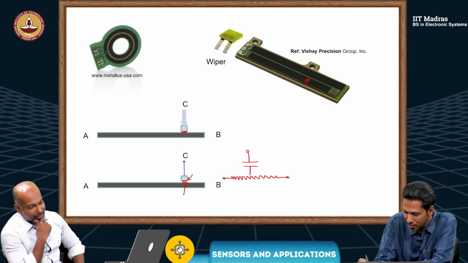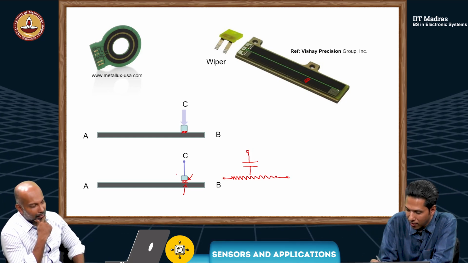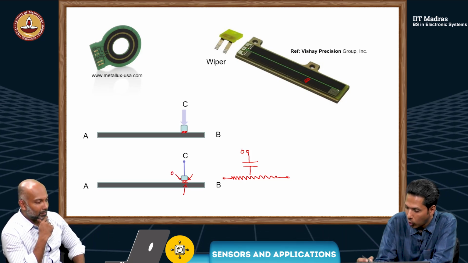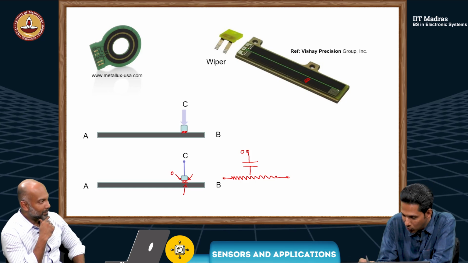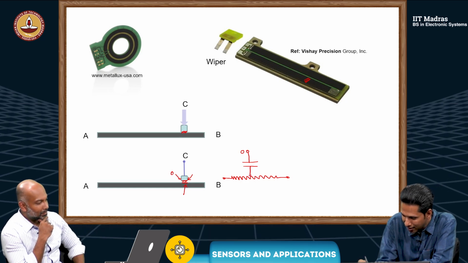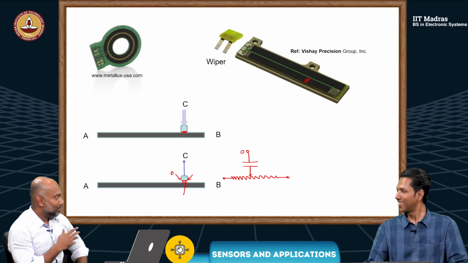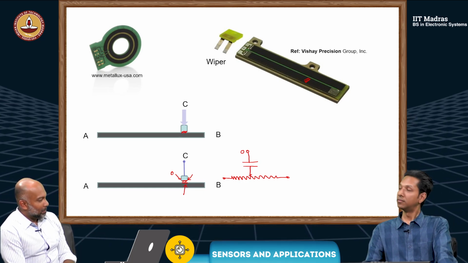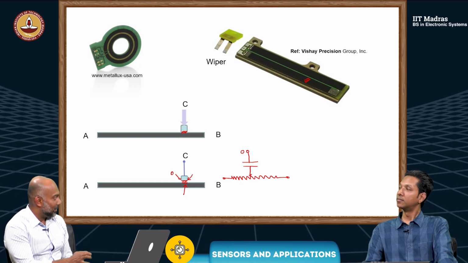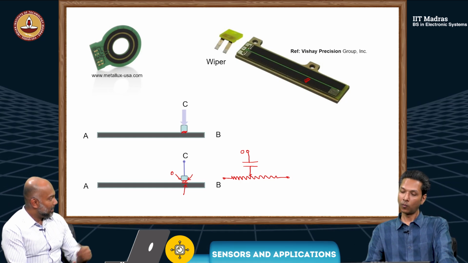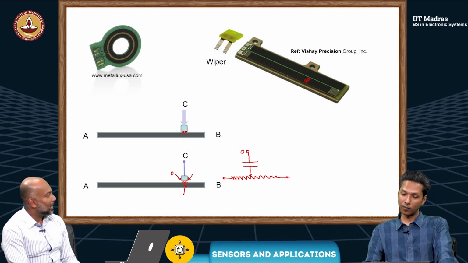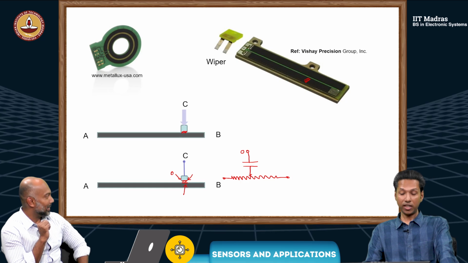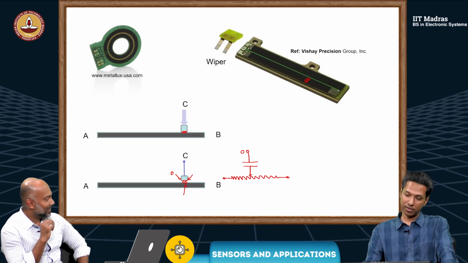Wherever the wiper is, let's say we mark this point as O. From there to here, there is a capacitive coupling. Could be. You said maybe we'll not get anything if we lift it up, but because there's some capacitive coupling, maybe there'll be some output. I don't know, but this is what I'm thinking. Yes, definitely there is some capacitance.